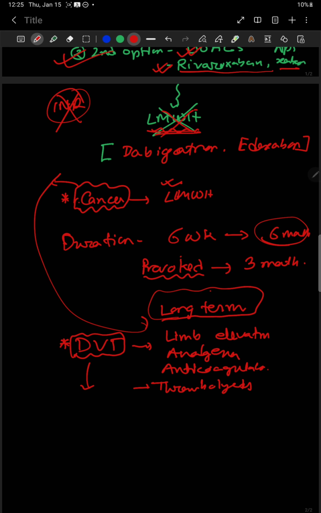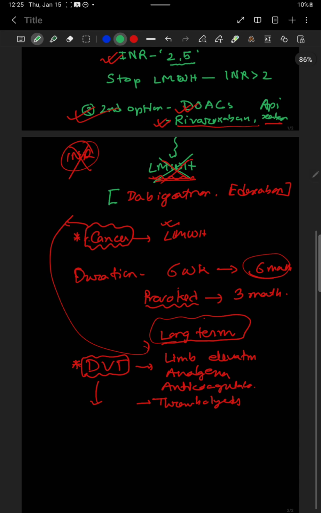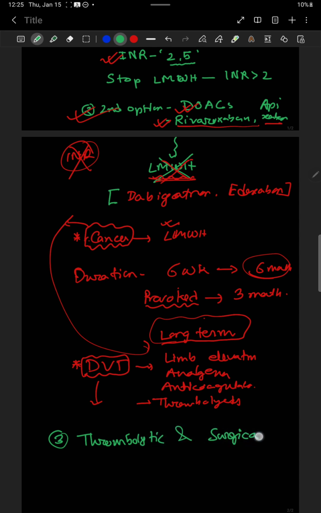Now for pulmonary embolism, after anticoagulation I am going with the second option, the third treatment protocol, that is thrombolytic and some surgical option or surgical therapy. Now when will you do thrombolysis?